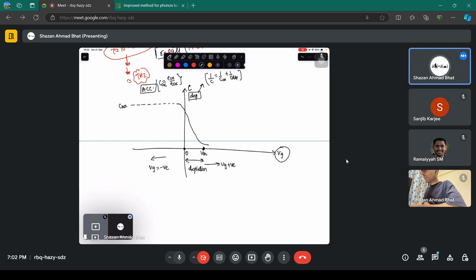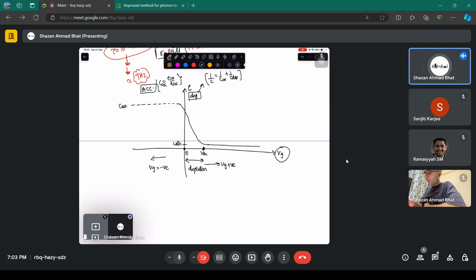What happens at threshold voltage? You increase the gate voltage more. But now it depends whether you increase along with a high frequency small signal or a low frequency small signal. If you have a high frequency small signal, electrons are not going to respond further. It will stay like this at something called C minimum capacitance.